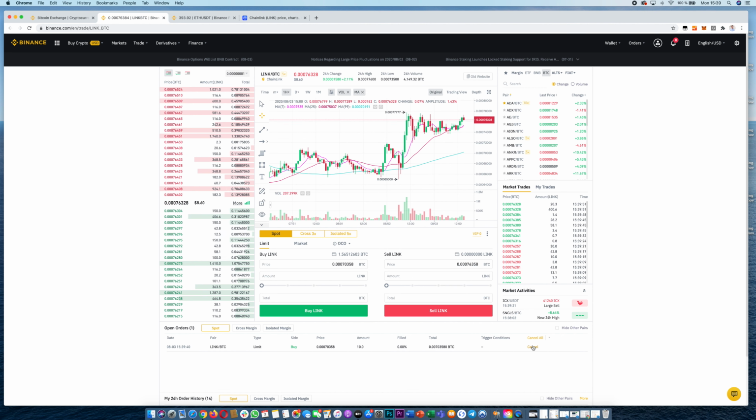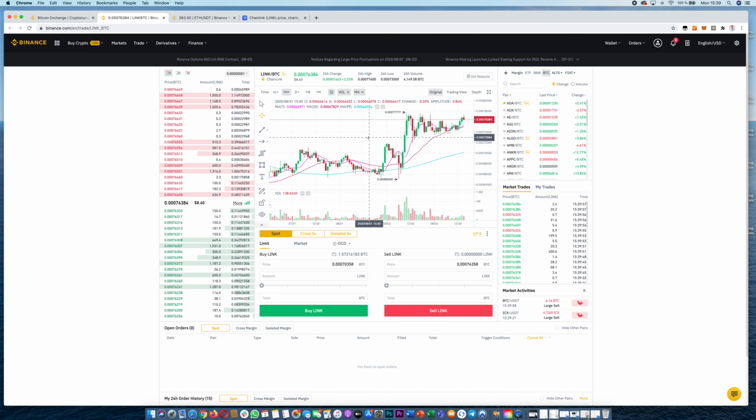However, you can also cancel it anytime. And now it's gone. You could also do that with a sell order. If you want to sell Link, you can say, okay, if the price goes up to 80,000 Satoshi, for example, you want to sell your Link.